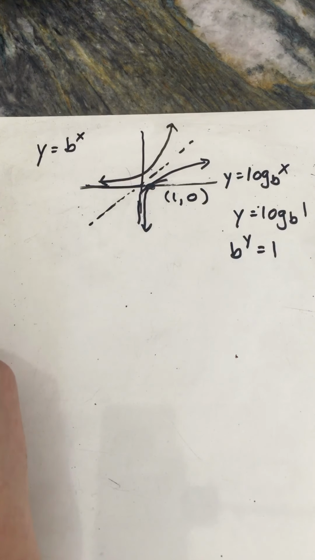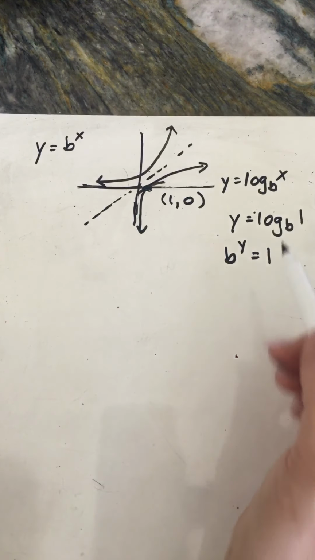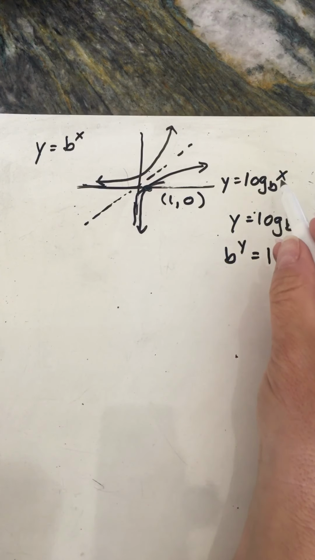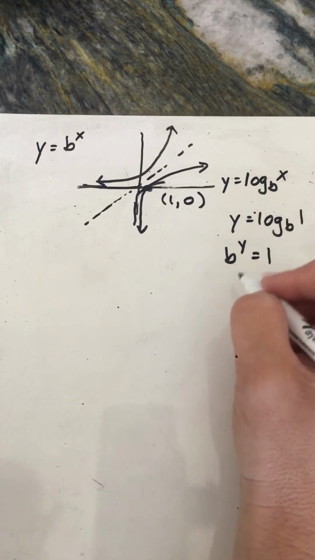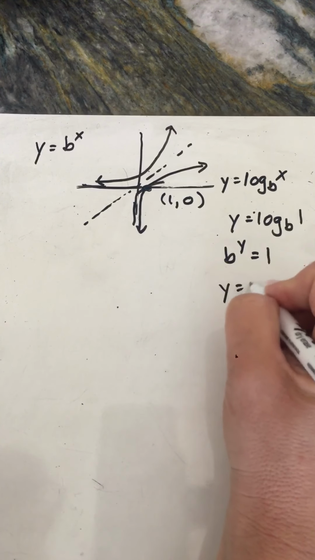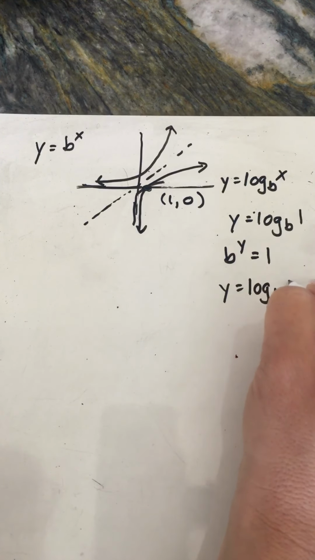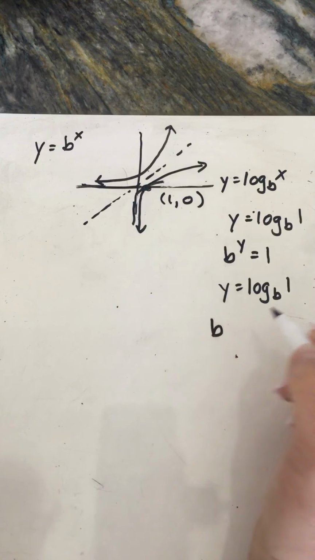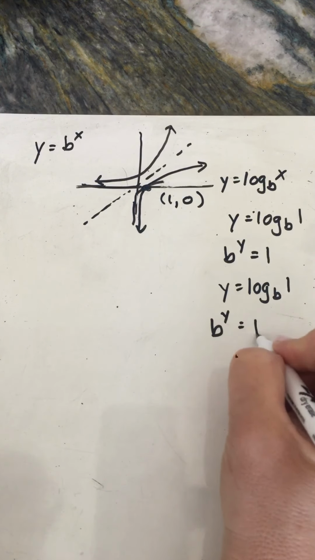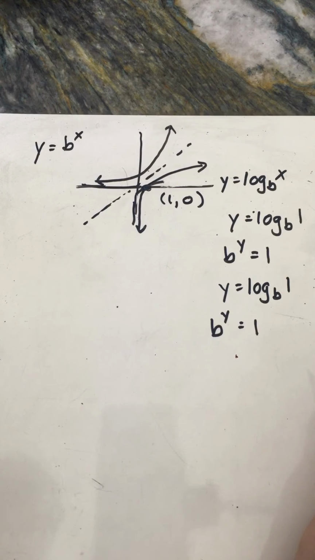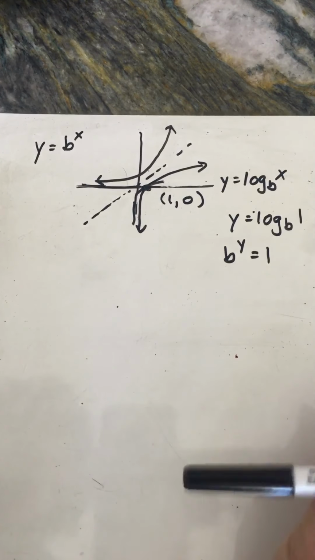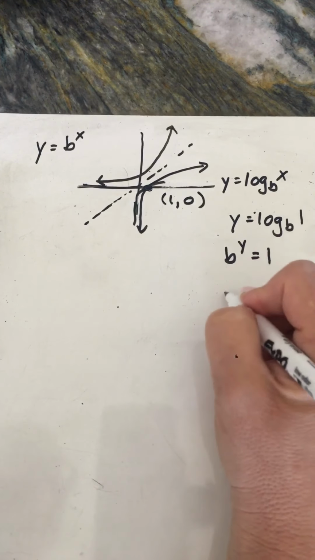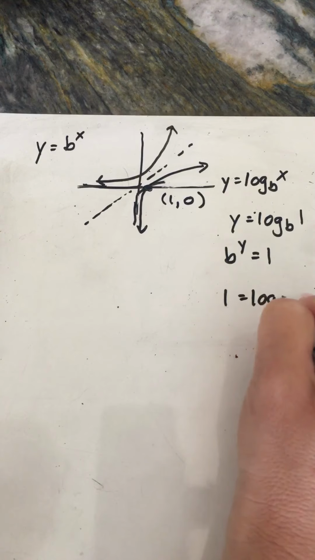Okay, what about if we have a base, let's say x is 1. So if x is 1, we'll have y equals log base b of 1. So b to the what power equals 1. I just did that. That was dumb. Just kidding. I meant the other way around. 1 equals log base b of x.